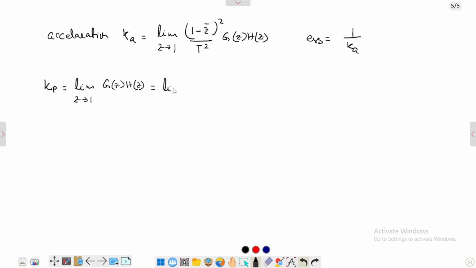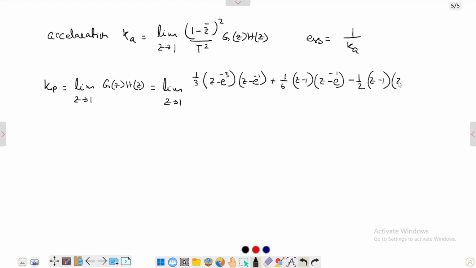So I will write limit z tends to 1 of G(z): 1 by 3, (z minus e to the power minus 3), (z minus e to the power minus 1), then plus 1 by 6, (z minus 1), (z minus e to the power minus 1), and lastly half, (z minus 1), (z minus e to the power minus 3), and the whole divided by (z minus e to the power minus 3), (z minus e to the power minus 1).